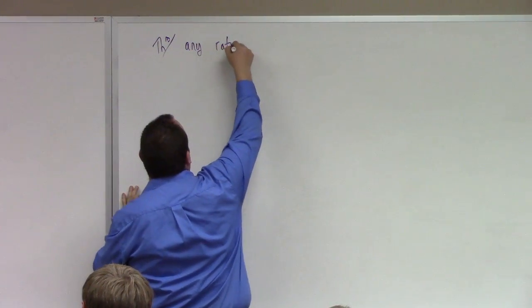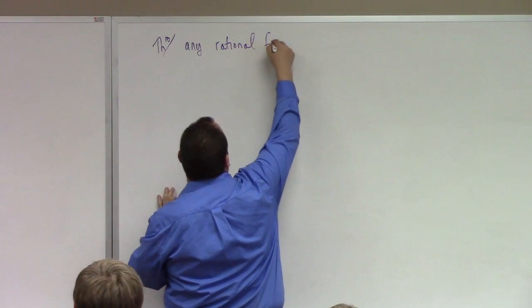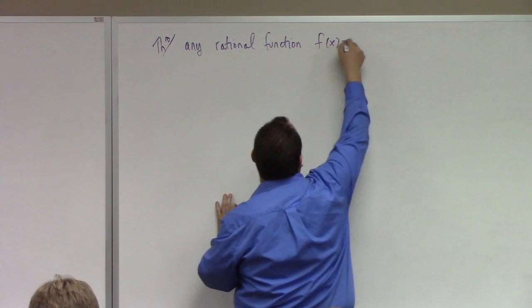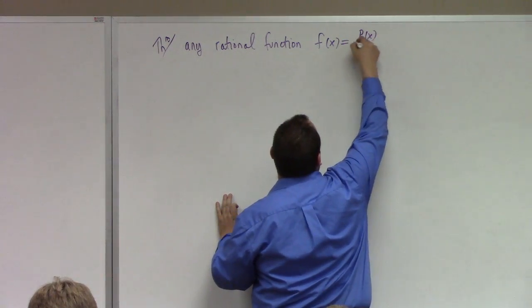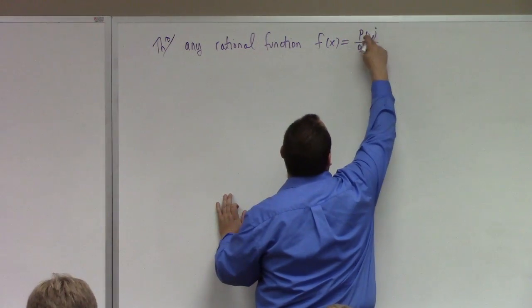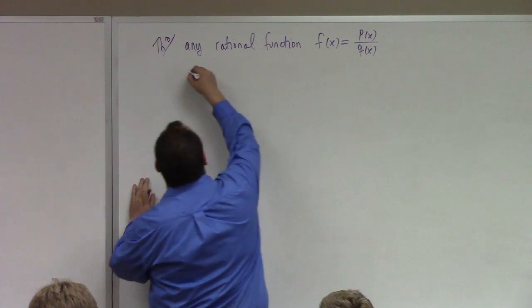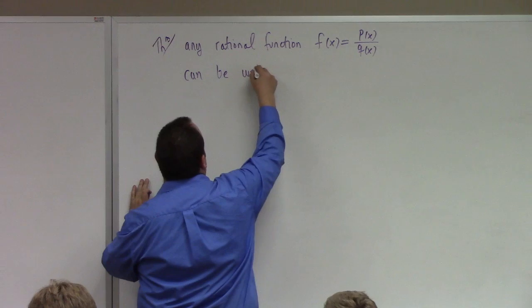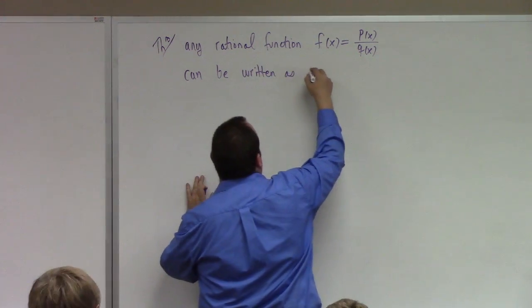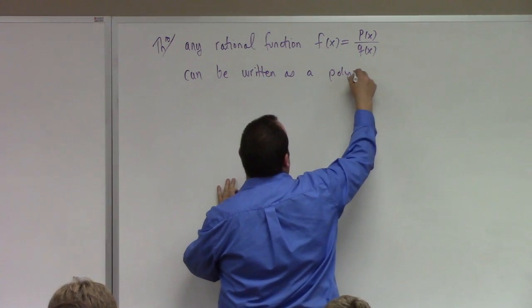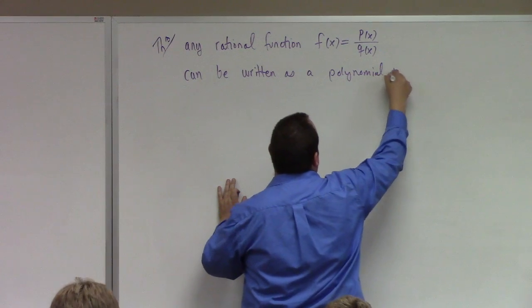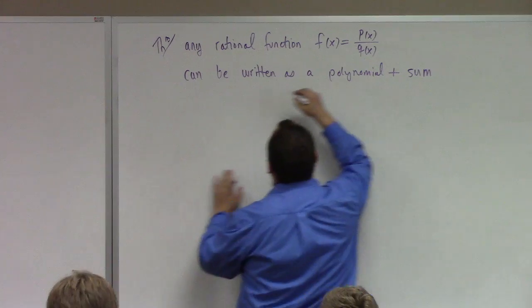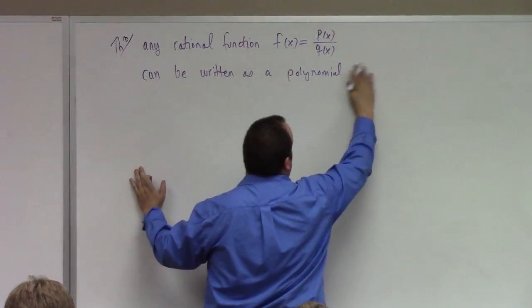Any rational function. What's a rational function, guys? It's a quotient of two polynomials, right? So any rational function can be written, or rewritten if you like, as a polynomial plus a sum. Well, let me be more descriptive.